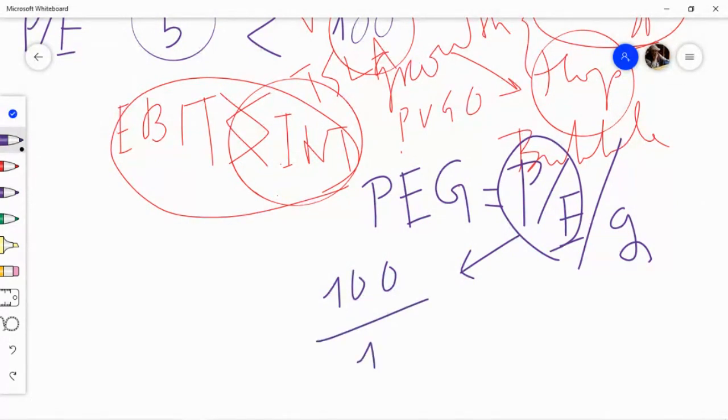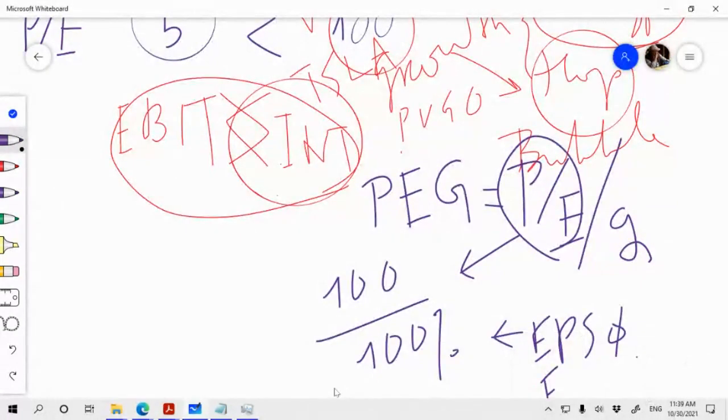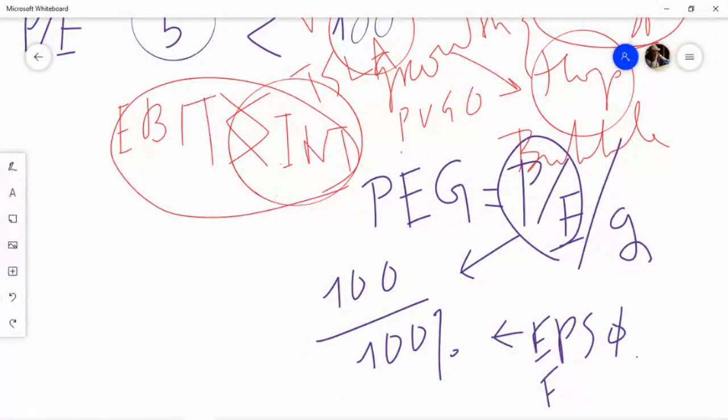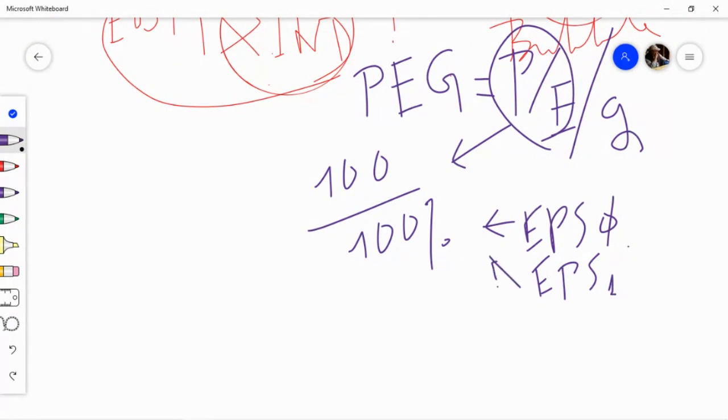The earnings growth rate has been 100%. That means between earnings per share at time 0 and earnings per share at time 1, there has been 100% growth.